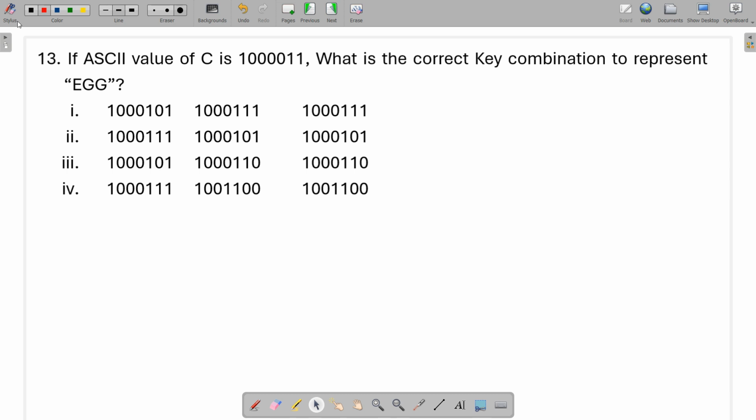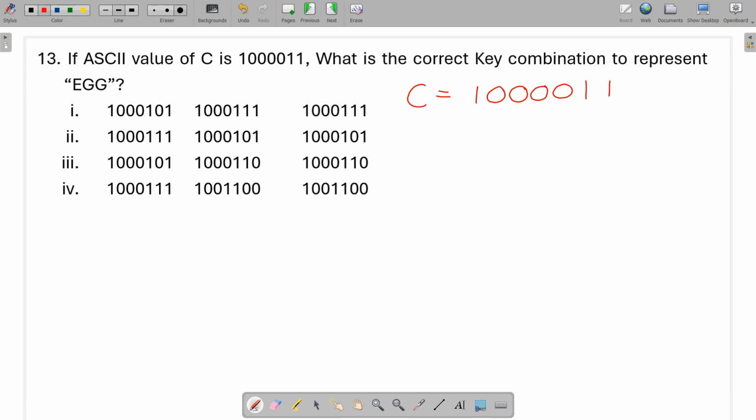So when they are talking about C, by determining C's decimal value, you can determine the values of the letter E and the letter G. So it says the value of C is equal to 1000011.